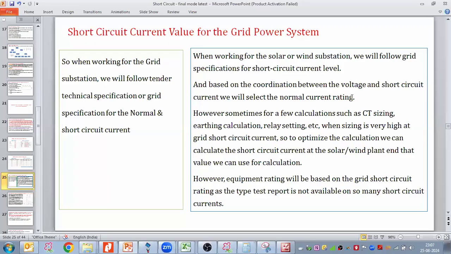Now, third statement. Sometimes for a few calculations, such as CT sizing, earthing, and relay setting calculations, when the sizing comes very high by taking the full grid short circuit current of 40 or 50 kiloampere, to optimize the calculations we can calculate the short circuit current at the solar or wind plant end.